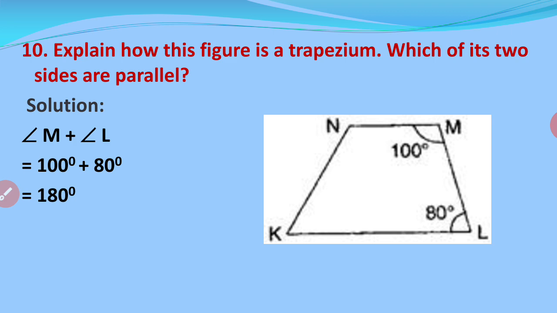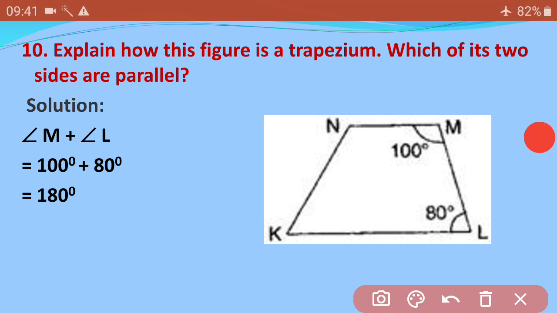We have already studied that if co-interior angles are supplementary, that is they add up to 180 degrees, the lines will be parallel. So when I'm talking about these two angles to be co-interior angles, I actually mean these two lines are parallel and this is the transversal.